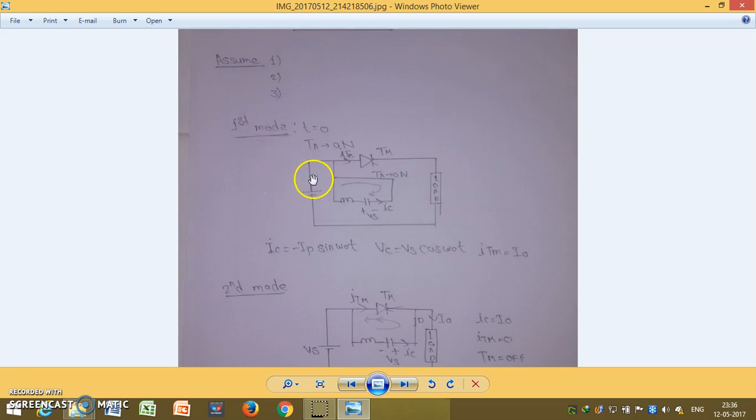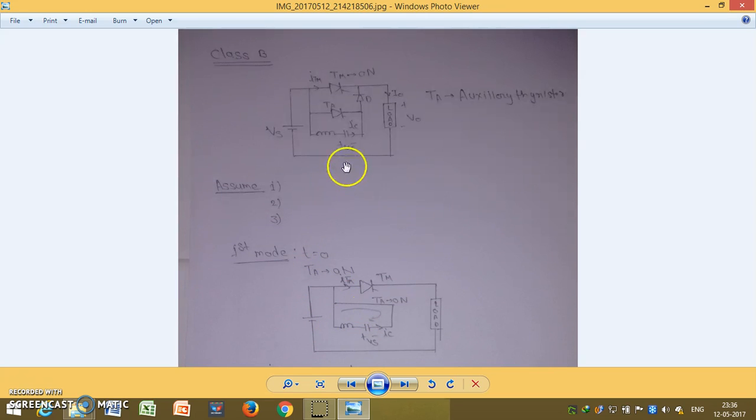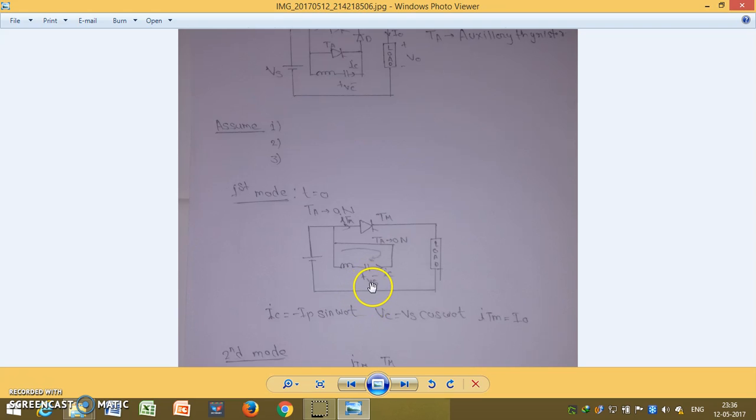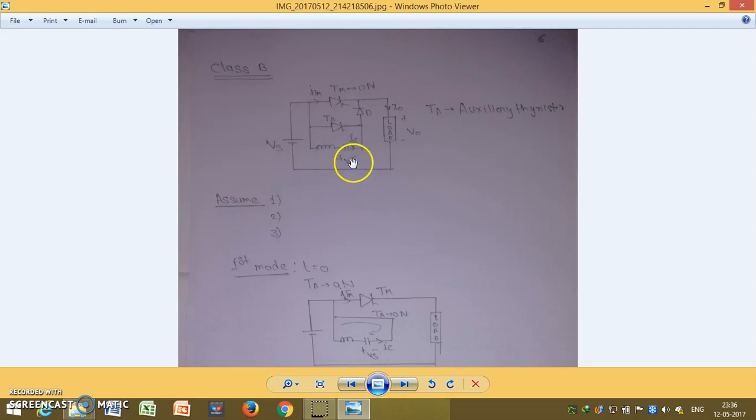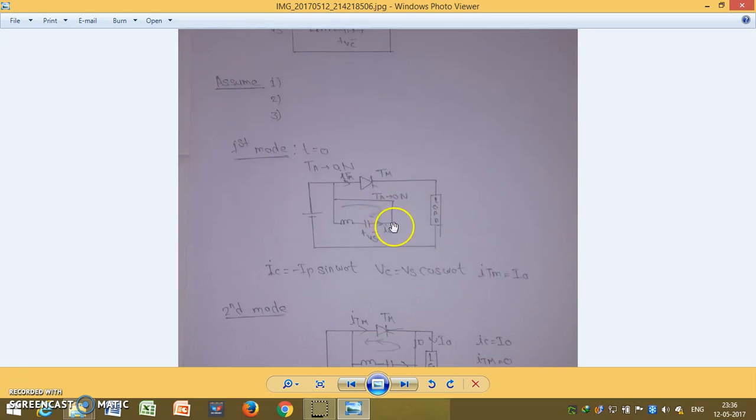Now in the first mode, at t equals 0, the polarity of our capacitor is minus plus. Due to this polarity our diode will be off because the diode is reverse biased, so it will not be in our circuit. After that, this is our source voltage and our current is going through the load, and this is our LC circuit which we discussed earlier, and this is the current IC, but the direction of IC and the direction of this is opposite.